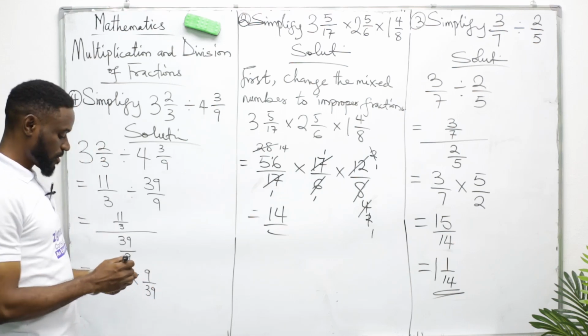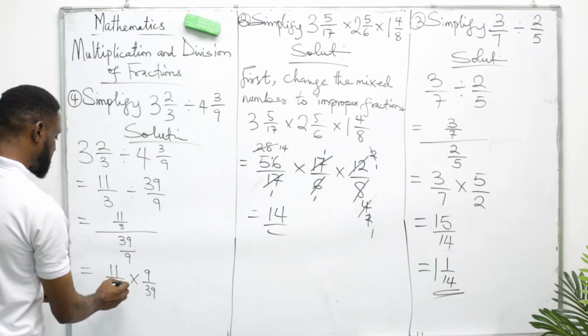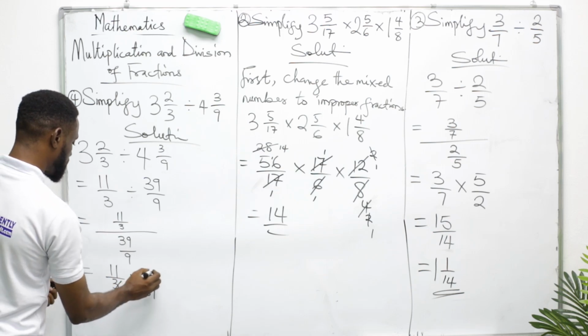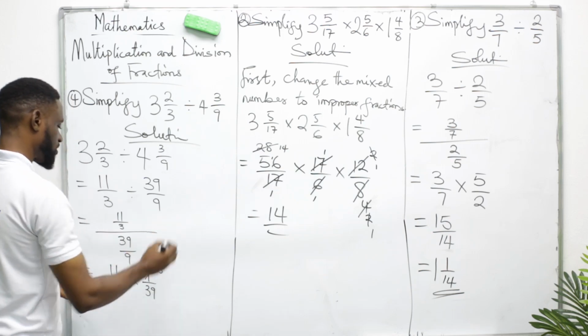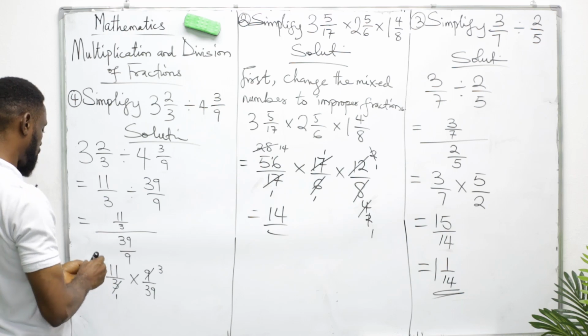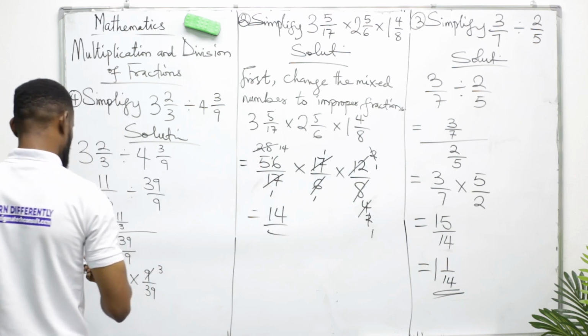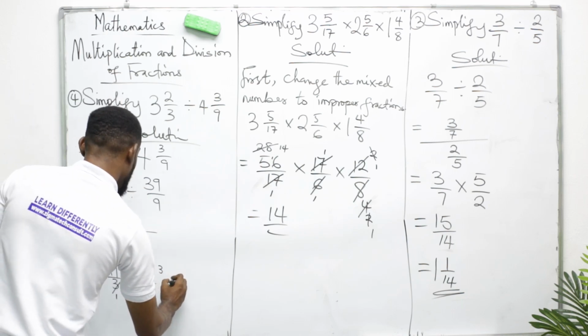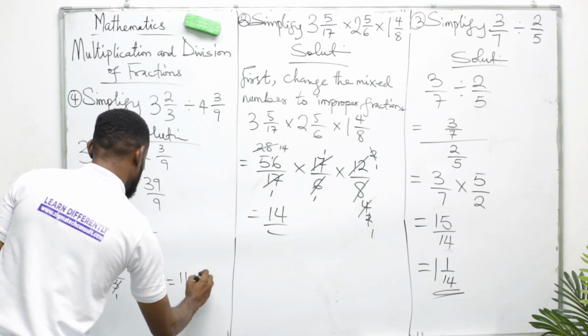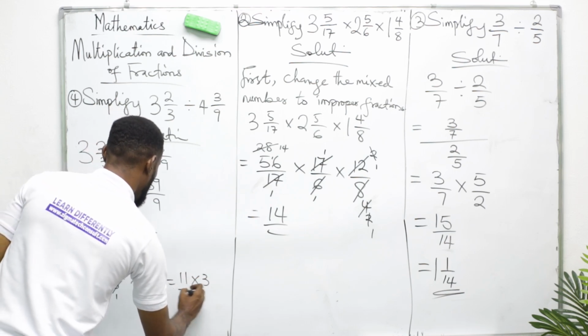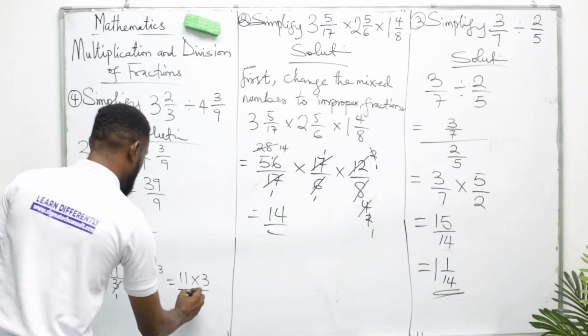Is that okay now? Of course, 3 into itself is 1. Do you get that now? All right. So what this means is we are having 11 times 3 all over 39.